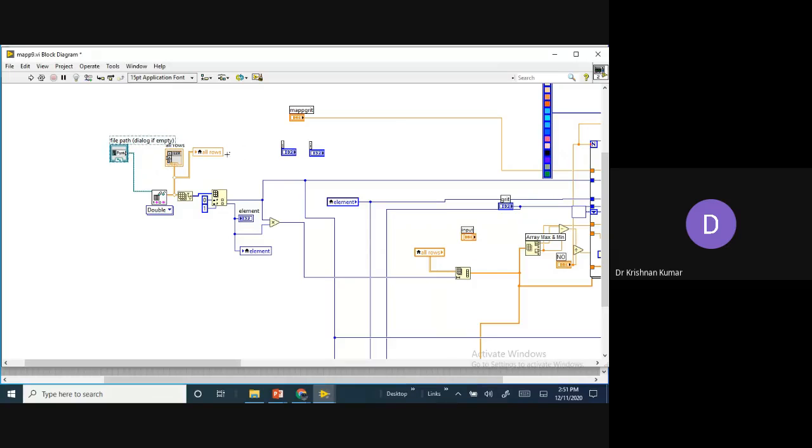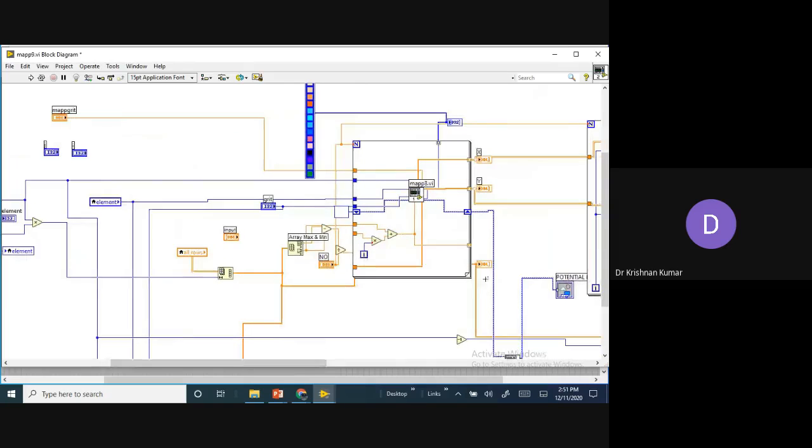The array is made as a global variable. Yesterday we saw what variables are. That variable is used wherever we want.